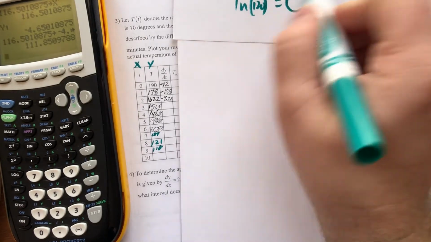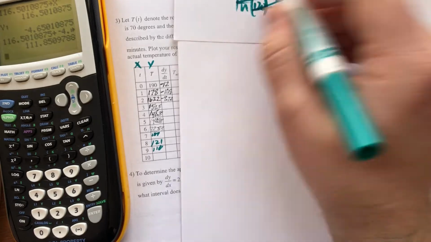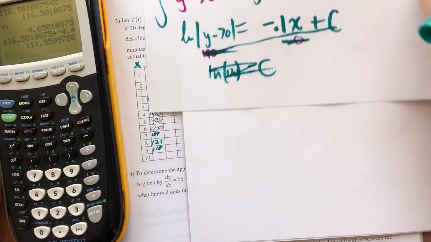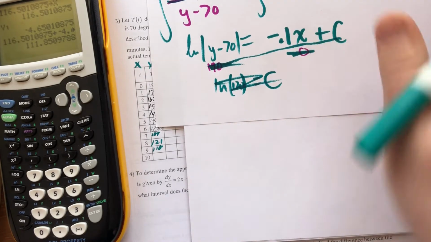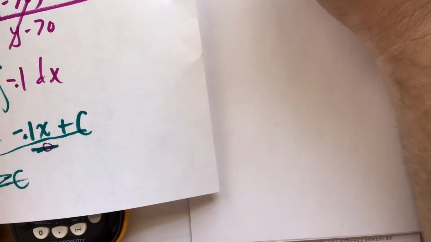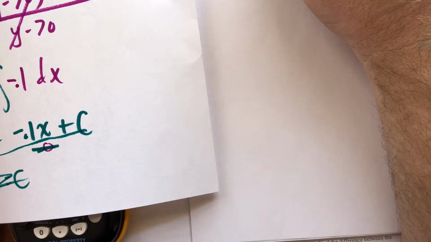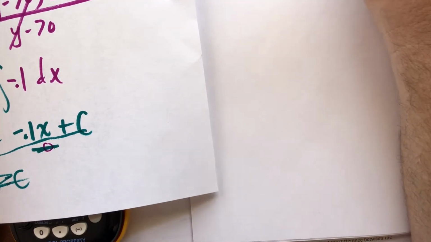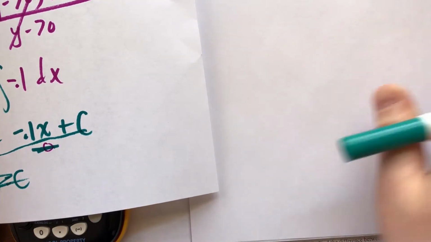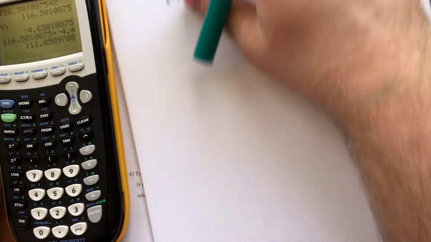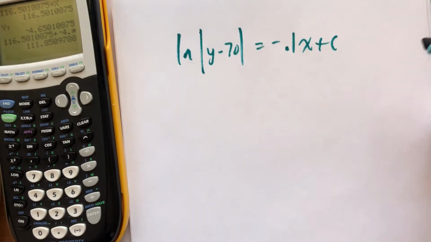You know what? No, let's do this a different way. Instead of doing that, what you'll usually do for these is you'll solve for y first. There's a way that we solve this for y.